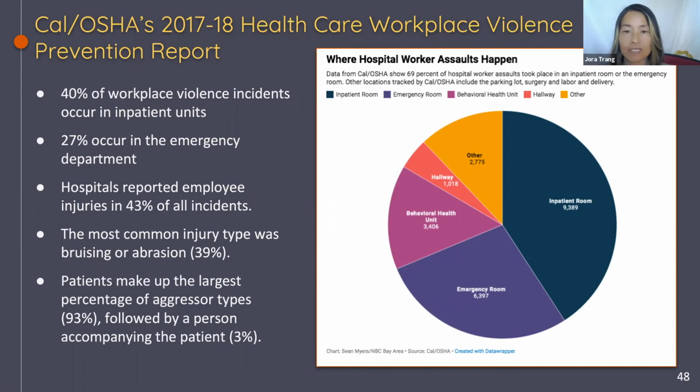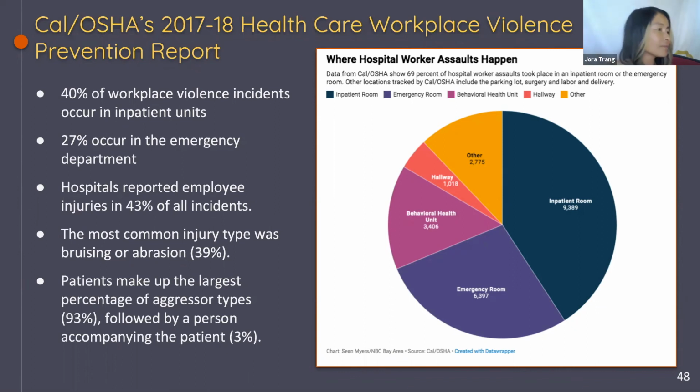This is just a diagram of that report. 40% of workplace violent incidents occur in inpatient units, 27% occur in the emergency department. Hospitals reported employee injuries in 43% of all incidents, and the most common injury was some kind of bruising or abrasion. Patients make up the largest percentage of aggressor types, 93%.